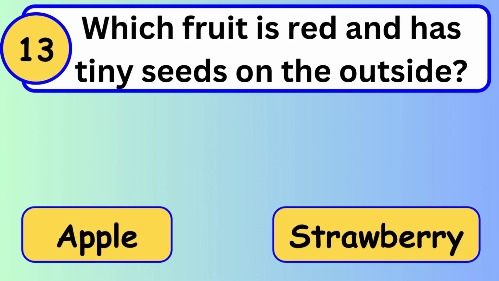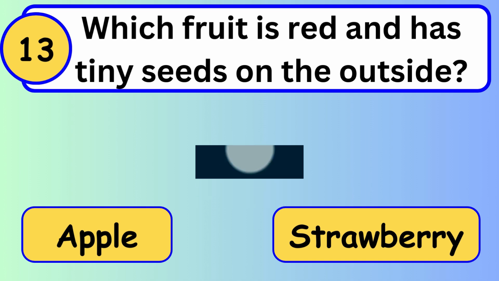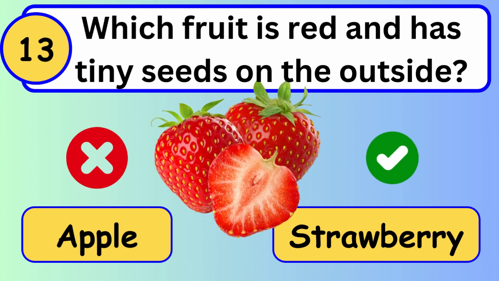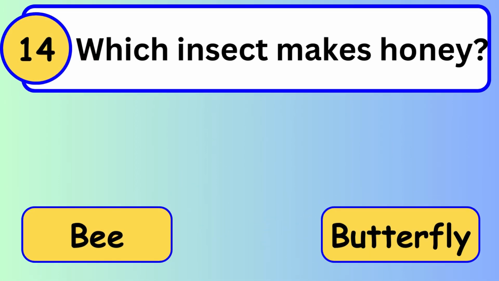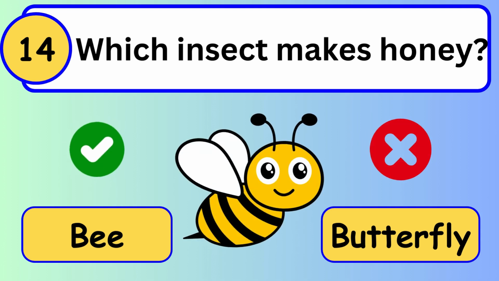T. Which fruit is red and has tiny seeds on the outside? Strawberry. Which insect makes honey? Bee. Bees make the sweet honey.